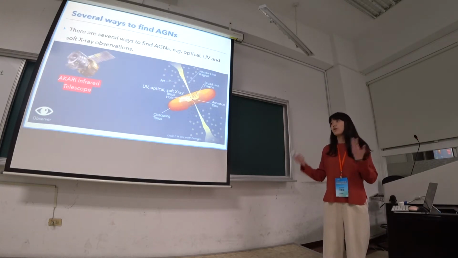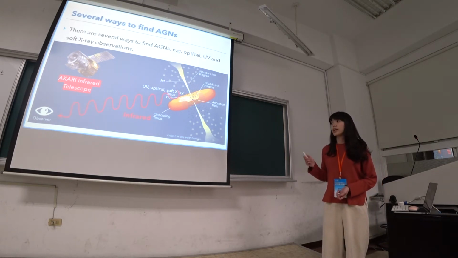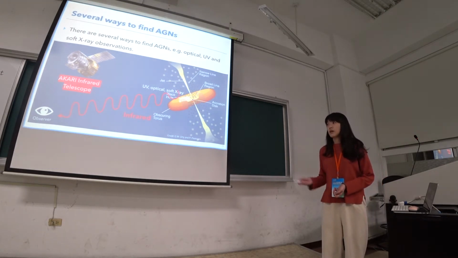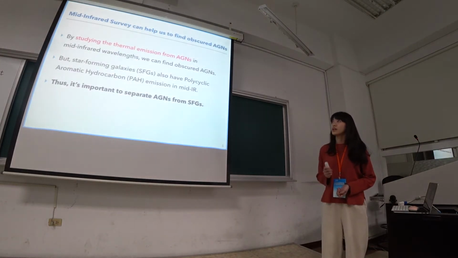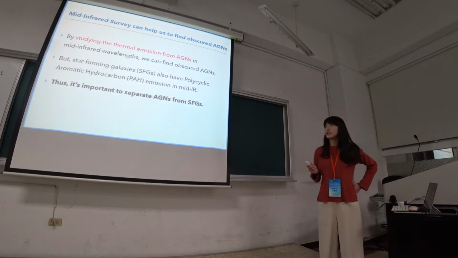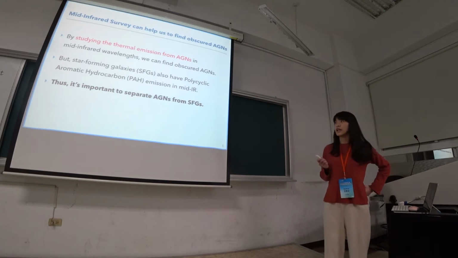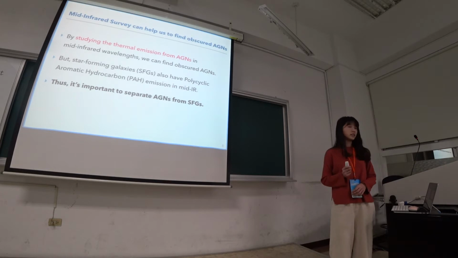With the help of the infrared telescope, we are able to detect the re-emitted light from the dust. So as I mentioned, a mid-infrared survey is very important, because by studying the thermal emission from AGNs in the mid-infrared, we can find those obscured AGNs.